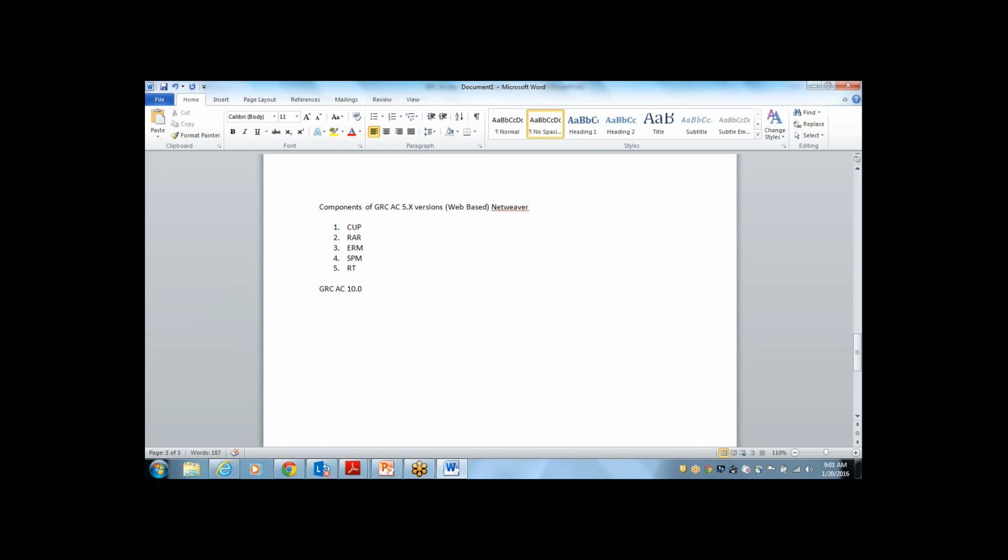10.0 has been introduced. 10.0 and 10.1. Now the latest one is GRC Access Control 10.1, the latest version.